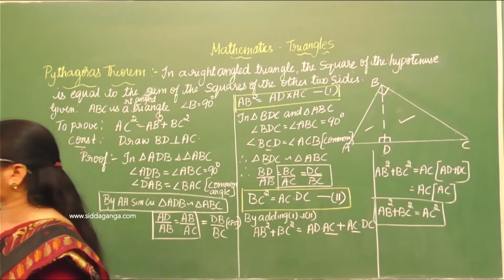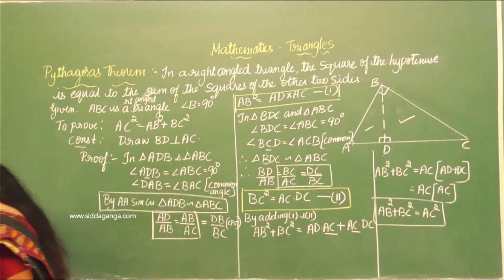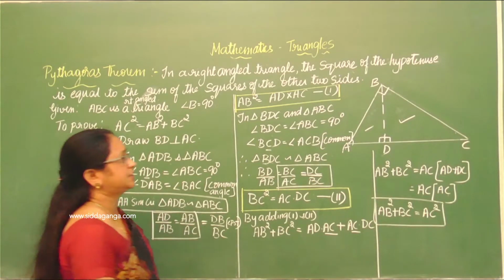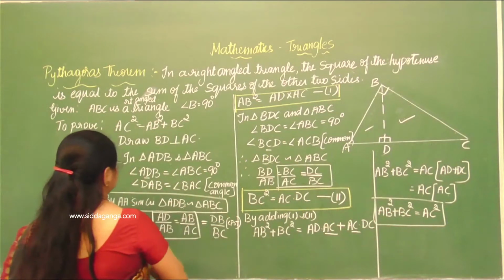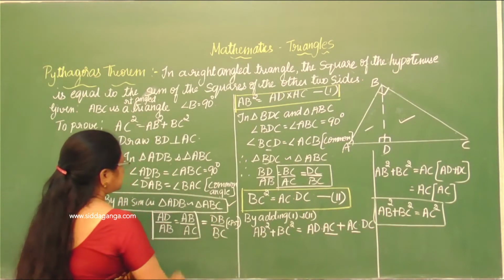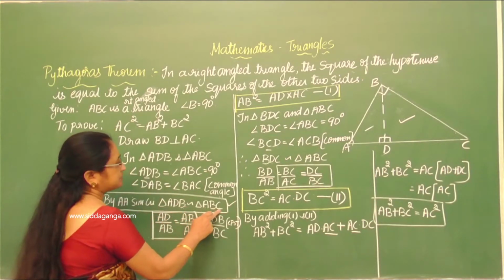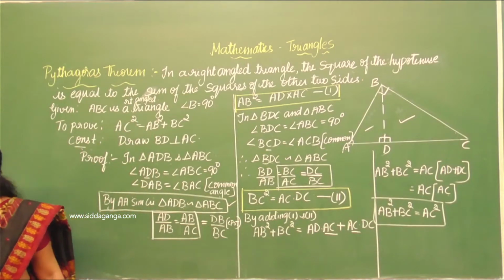What I mean to say, I'll just write here. See, what does this give you? ADB is similar to ABC.